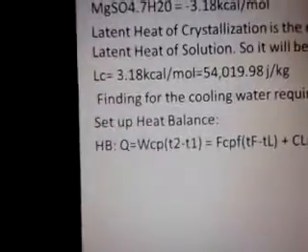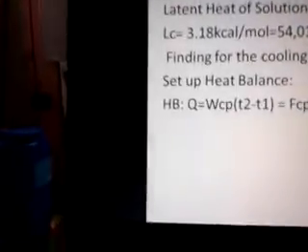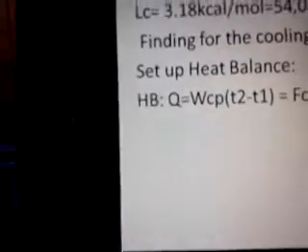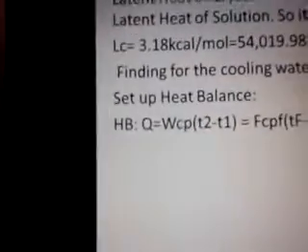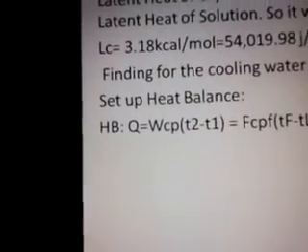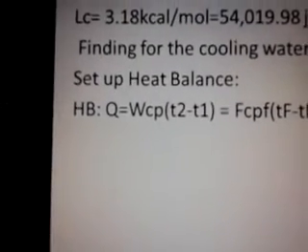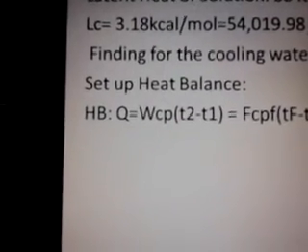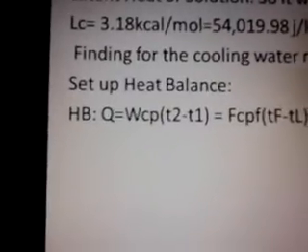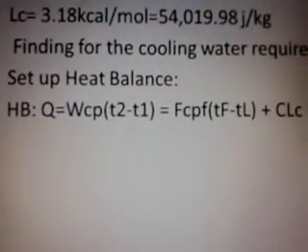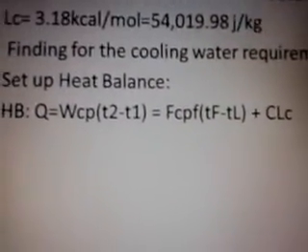So finding the cooling water requirement, first we have to set up the heat balance. The heat balance is just equal to Q, and Q is equal to W times Cp times T2 minus T1, and it's also equal to F CPF times TF minus TL plus C LC.